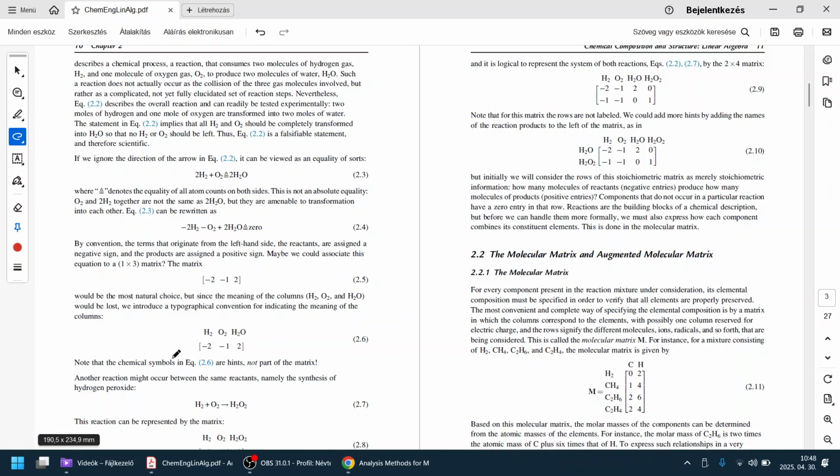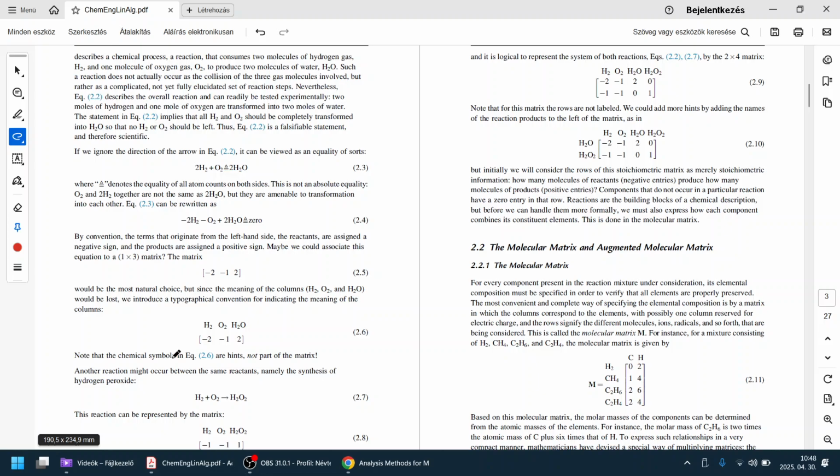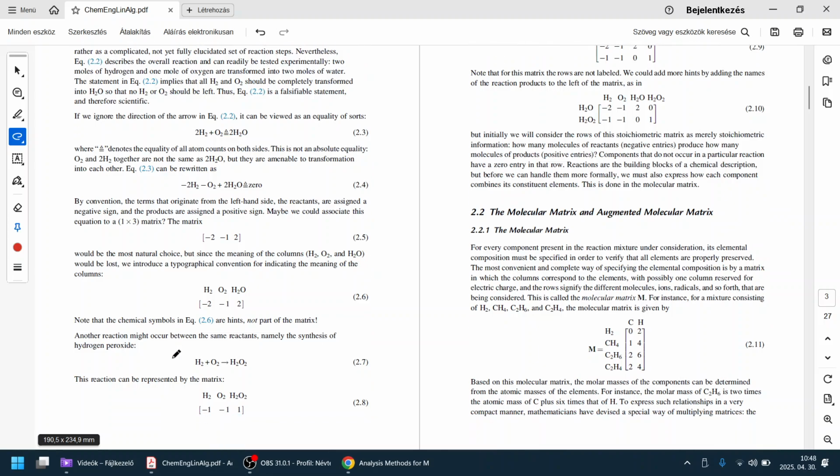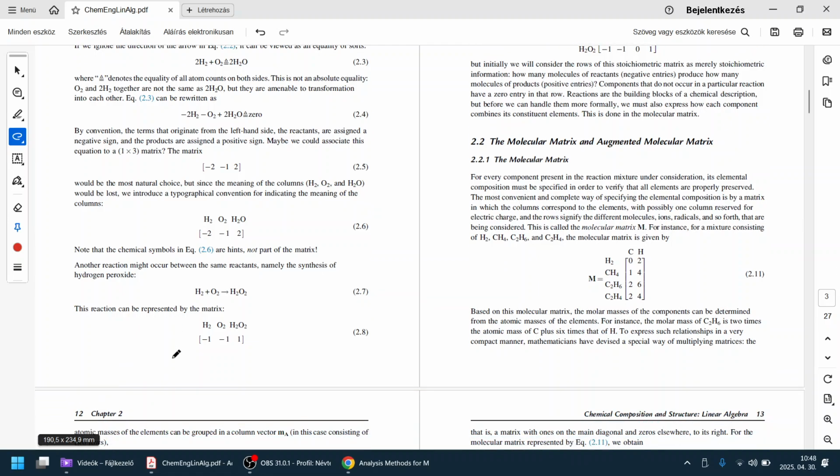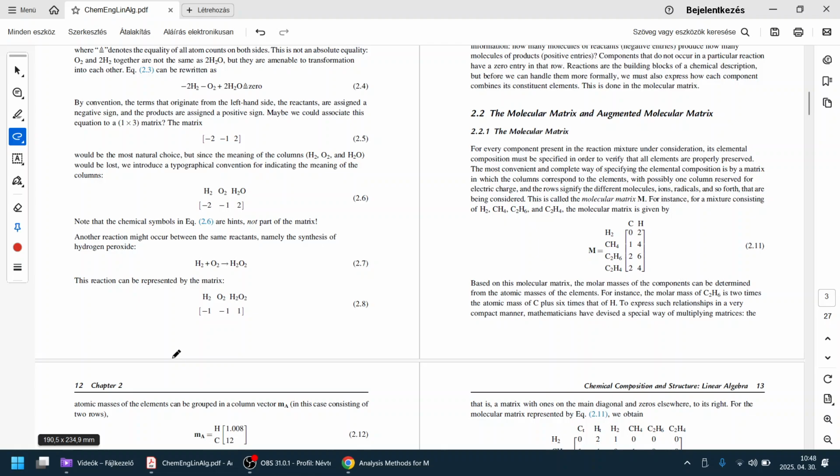Okay, we have the molecular matrix, and also we check the components. Now we have more formulas: hydrogen, methane, then ethane and ethylene.